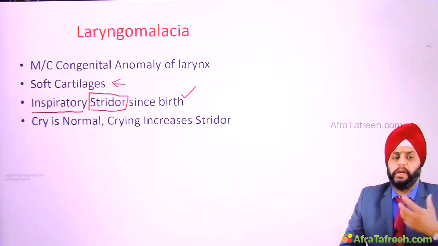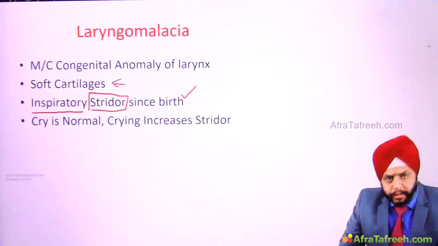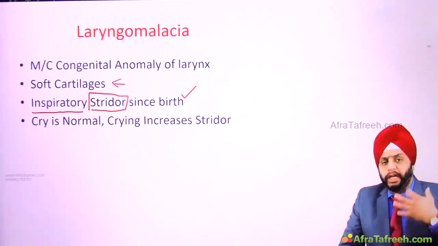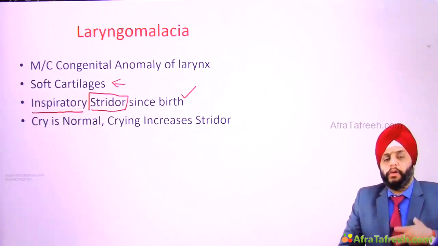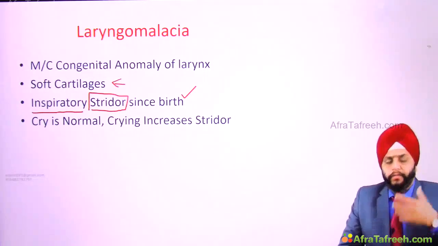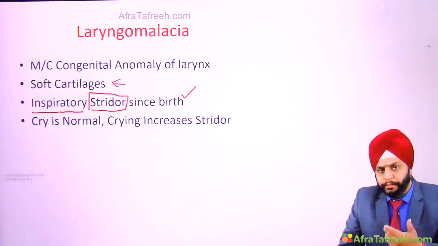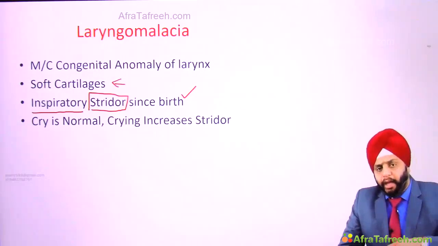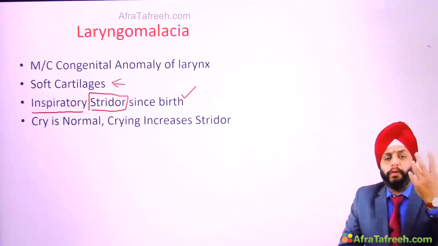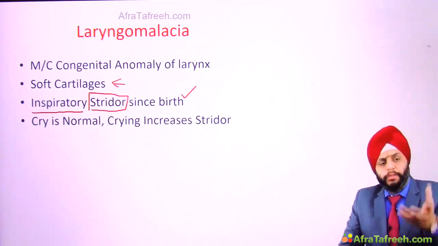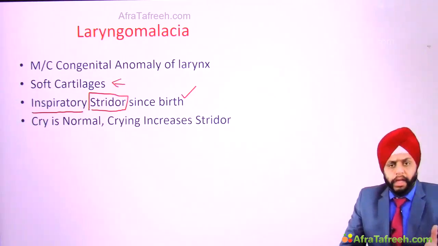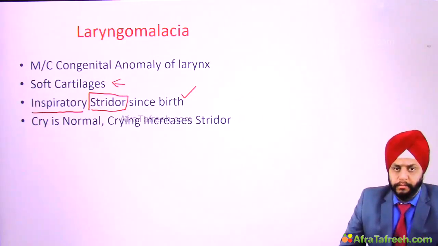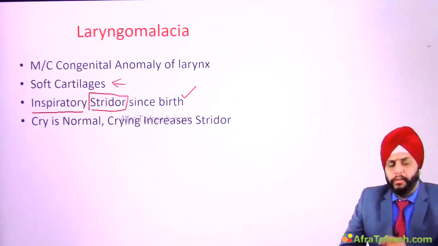Crying is an expiratory process. So the cry is normal. But when the child cries, the child throws out expiratory reserve volume. Remember, we breathe in and out tidal volume; we have inspiratory reserve volume and expiratory reserve volume. While crying, the child throws out expiratory reserve volume, so now he has to breathe in more air. More air means more negative pressure, more stridor.